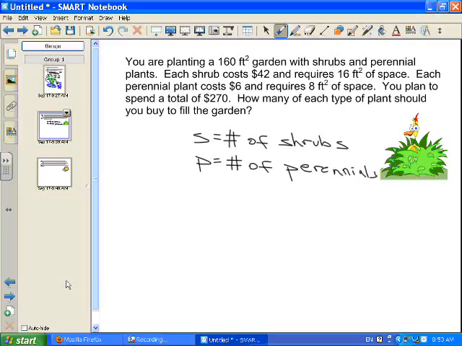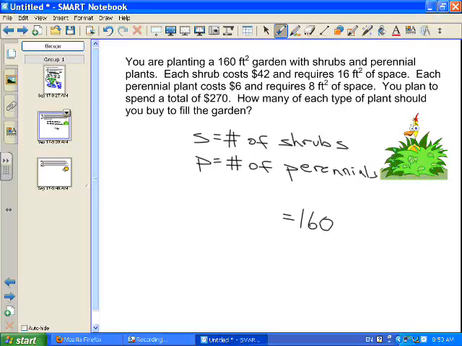Okay, totals. What numbers represent totals here? 160. Okay, 160 is a total. Total what? Square feet, which represents area.